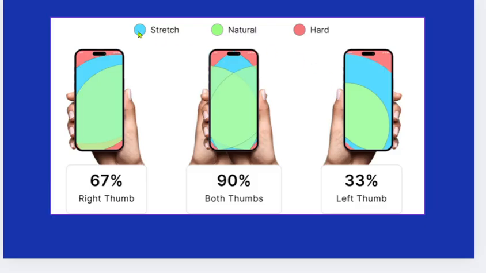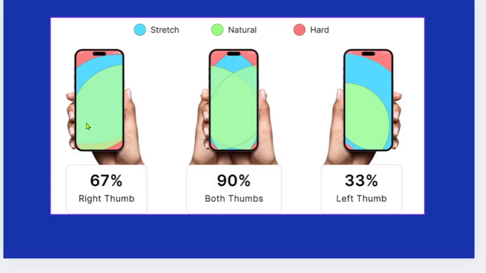The colored stretch means it is difficult for the thumb to reach that area, because you need to stretch your thumb to reach this blue area. This is indicated on the right thumb. Hard is this dark pink color, and green is the natural area.